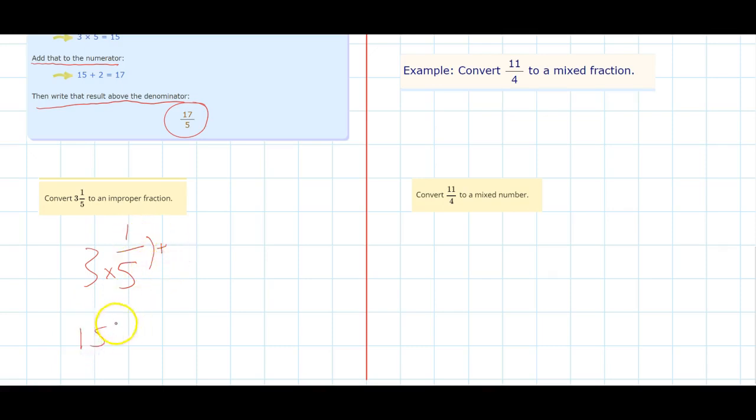Then I add that to the numerator, which is +1, which will give me 16, and you always keep the same denominator, so 16 over 5. It's just a simple process of multiplying by the denominator, then adding that to the numerator, and then you end up with an improper fraction.